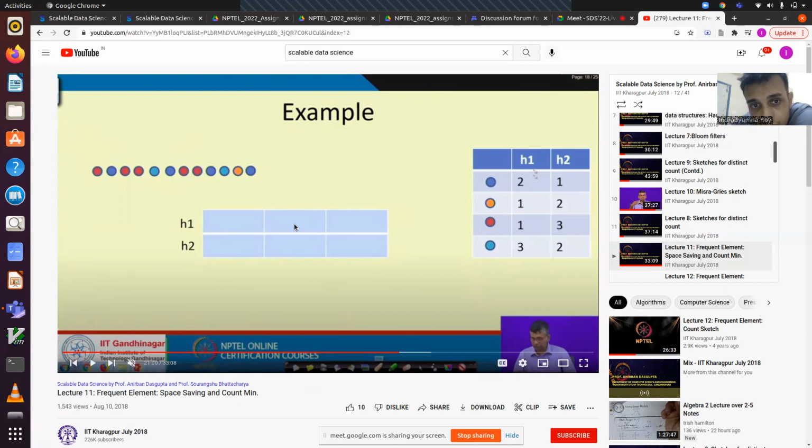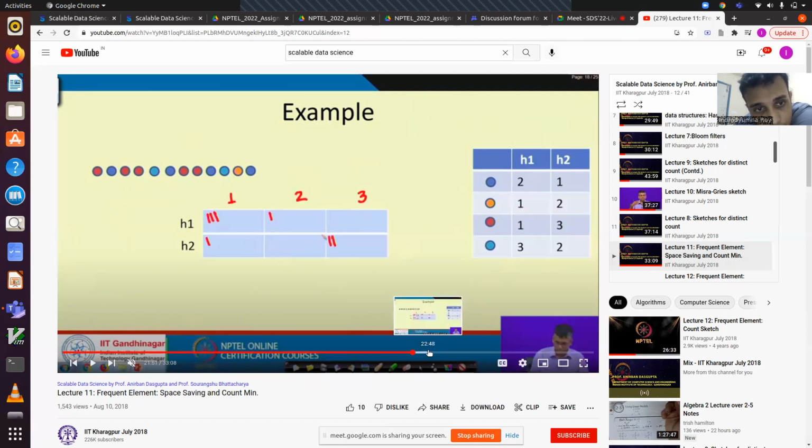And h2, whenever it sees a blue ball, sets its first position to 1, right? Then it has a behavior defined for each of the possible input balls. Till now it's clear, right? Now it will go through each of these inputs one by one and fill up this table.